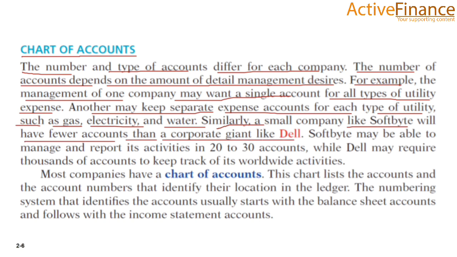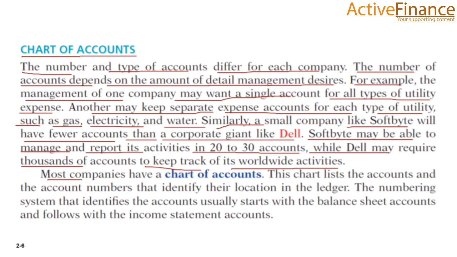Dell works globally, so it has thousands of accounts, and SoftBite may be able to manage and report its activities in 20 to 30 accounts because it is a small business, while Dell may require thousands of accounts to keep track of its worldwide activities because it is a giant corporation.